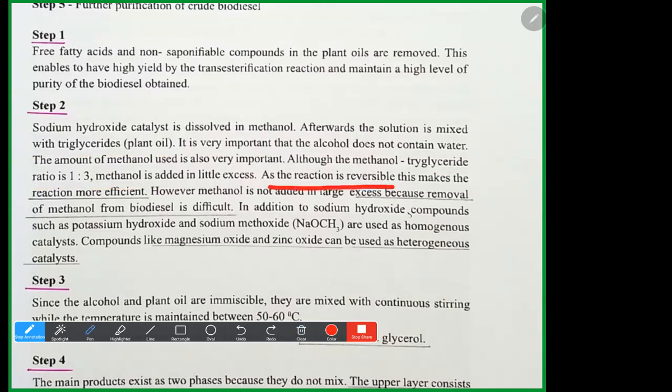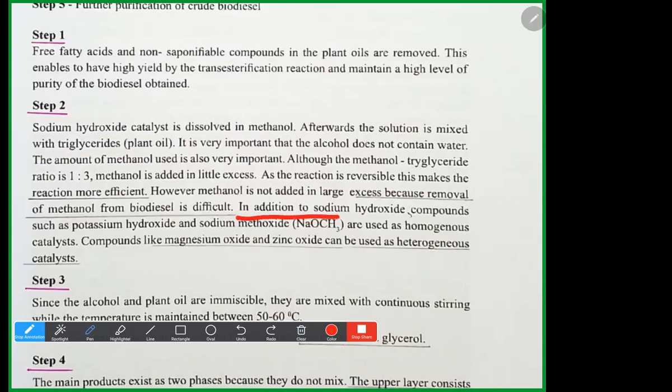As the reaction is reversible, this makes the reaction more efficient in going through the forward direction. However, methanol is not added in large excess because removal of methanol from biodiesel is difficult. To make the forward reaction faster, we add methanol in little excess, so as not to have issues removing it after the reaction is done.